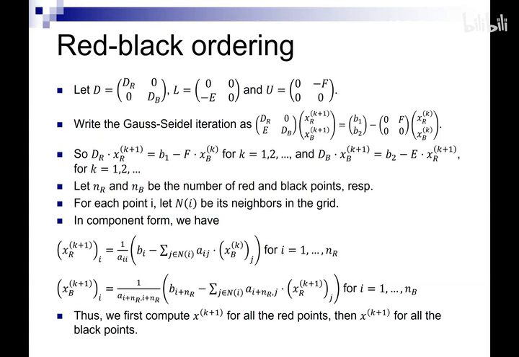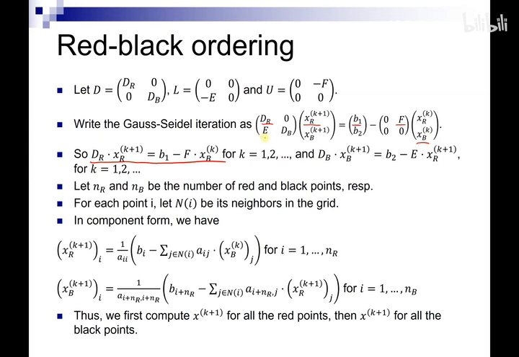Okay, so then what you see is that when you do this out, in order to do this multiplication, you have a D_r, right? D_r times the red diagonal elements times the red points in iteration k plus 1. Okay, and this equals b1 minus, here you have the F times the black points from iteration k. So we have this formula over here. Okay, and also you have that.